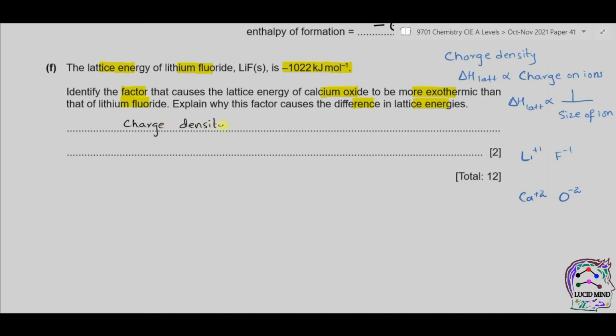Charge density of calcium +2 and oxygen -2 is greater as compared to lithium +1 and fluoride -1. So therefore there is greater attraction between calcium and oxygen ions.